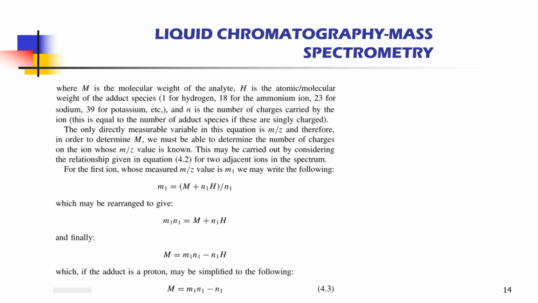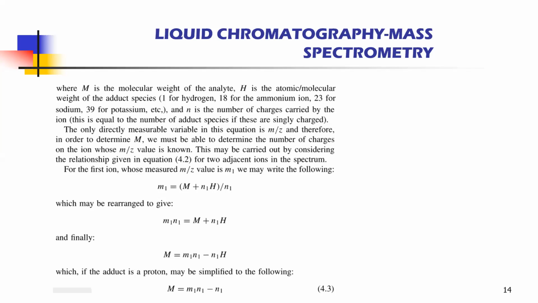And finally, we can have M, capital M, the weight where we are going to locate the analyte spectra. In the case of horse heart myoglobin, we saw the m by z values obtained from 600 up to 1400. So what was added up in the M line will be given by M is equal to M1 N1 minus N1 H. The molecular weight of the analyte is found by subtracting the number of adducts that have been added up.